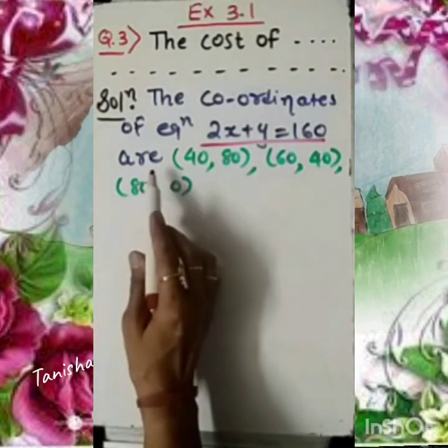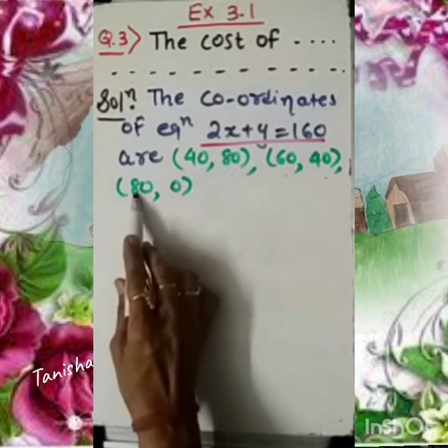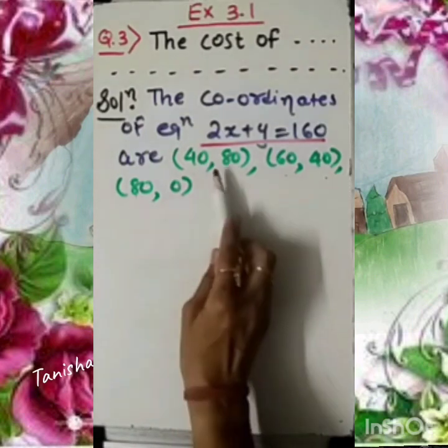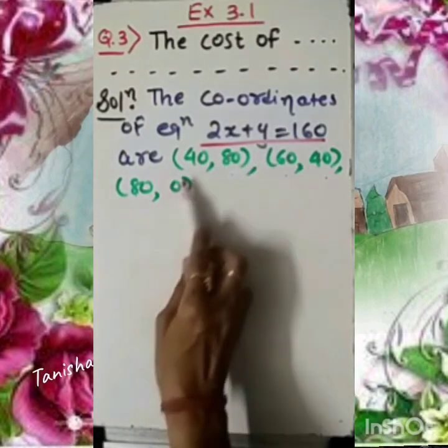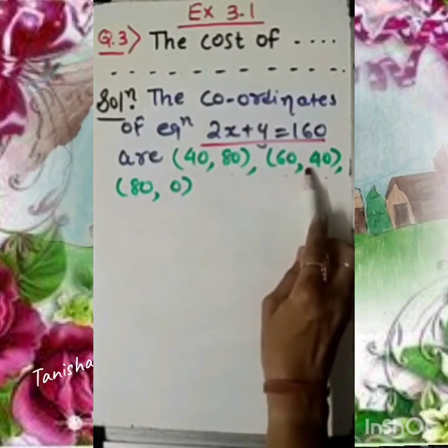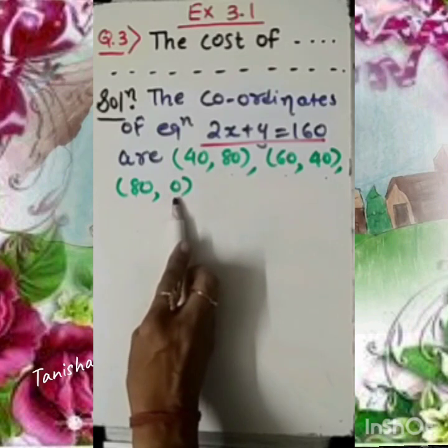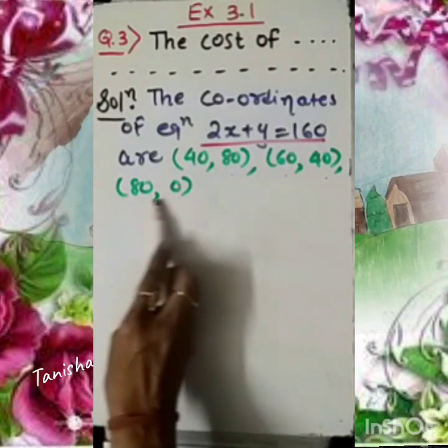Its coordinates are 40, 80, 60, 40 and 80, 0. All of them lie in the first quadrant, they all are positive numbers. But for this point, you can see 0 is on y-axis, so it means that this point will lie on x-axis.